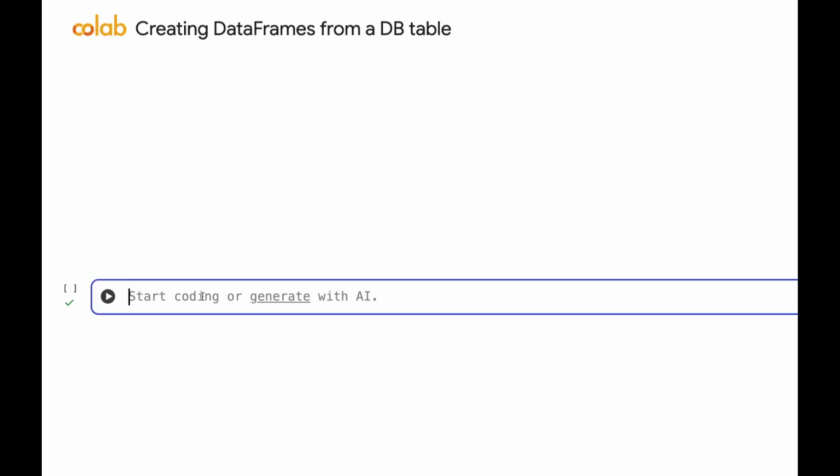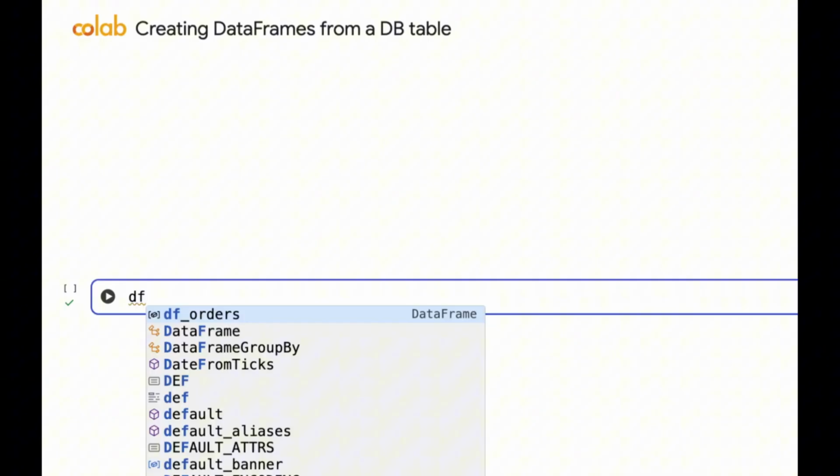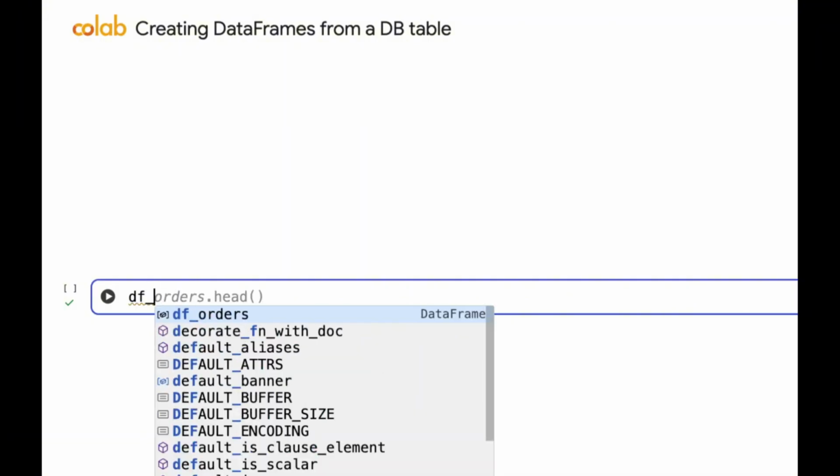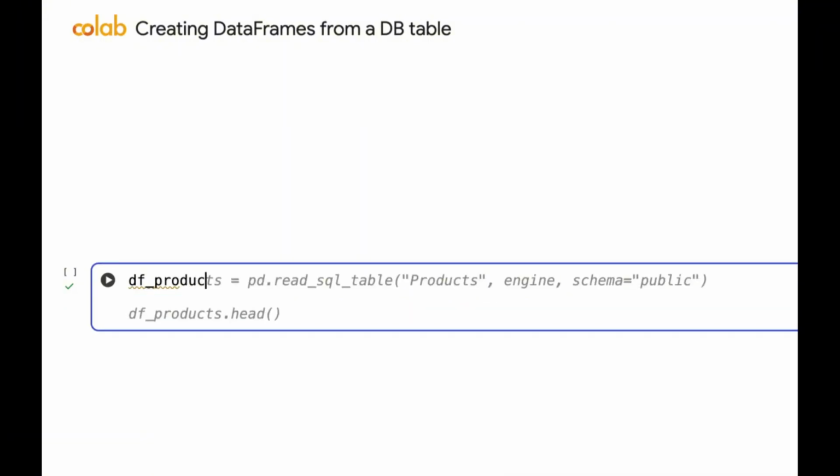This time the engine is already there, so we just need to apply the same command to create a new data frame. So the new data frame from the other table, let's call it df products. Okay, and then the command here is already showing up by the AI assistant. So let's use the tab key to complete it. So again, read SQL table, which is to get the table from the database and then convert it into a data frame, right?